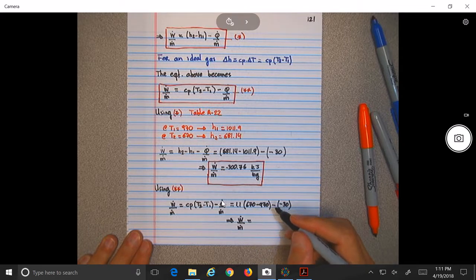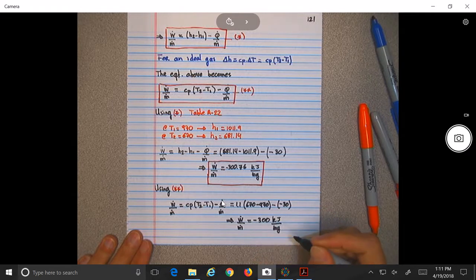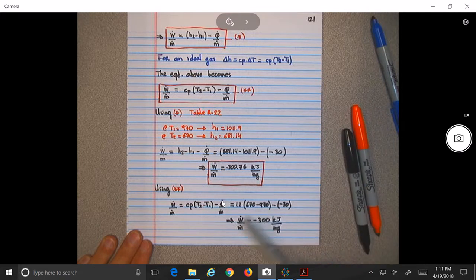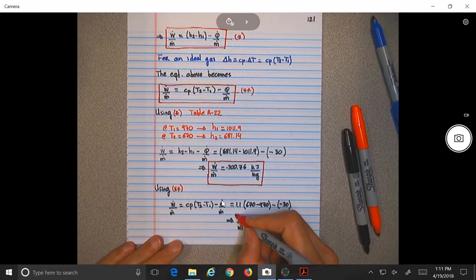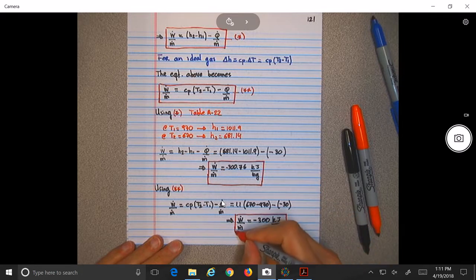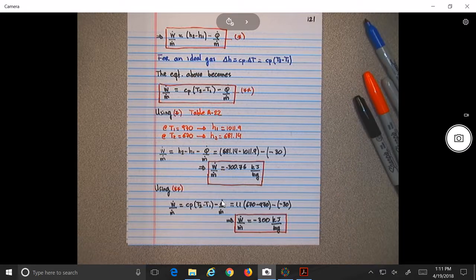So this will be minus 300. I mean, 300 times 1.1, 330, no? So there is not much difference.